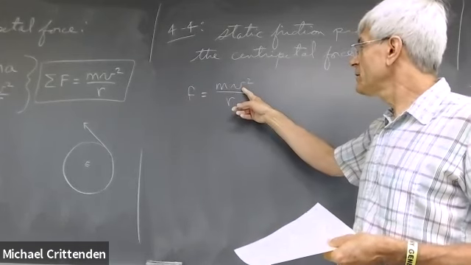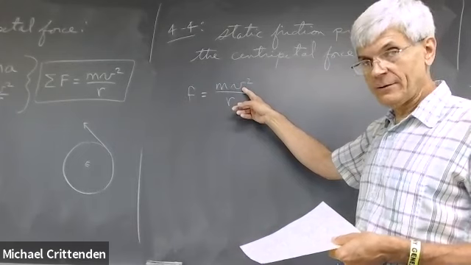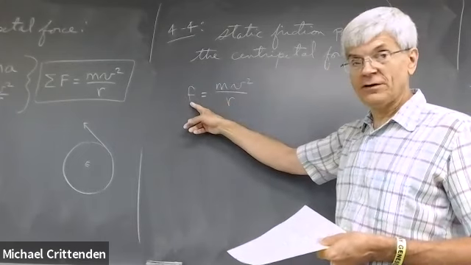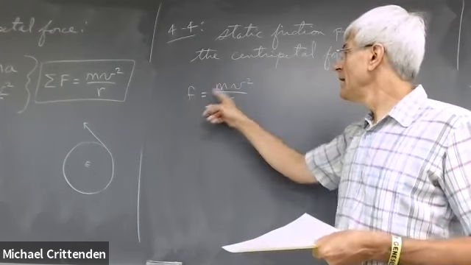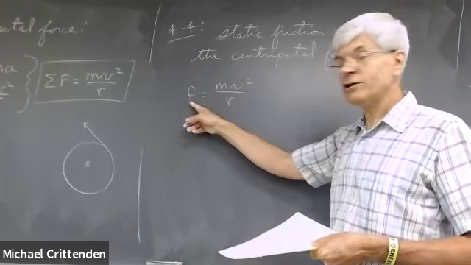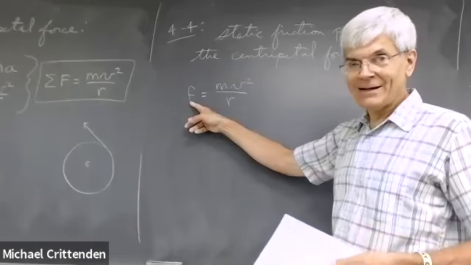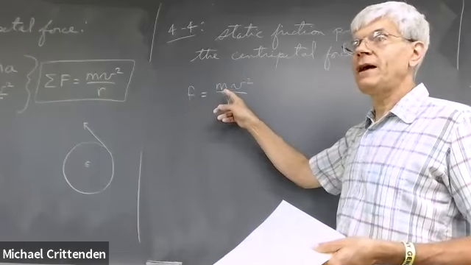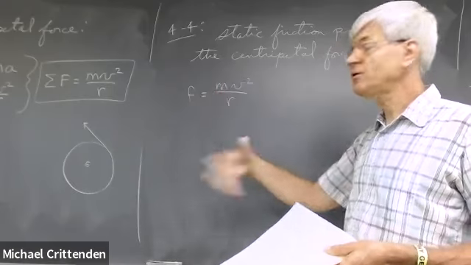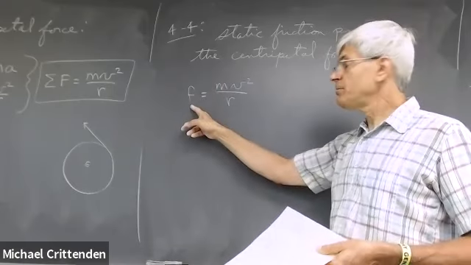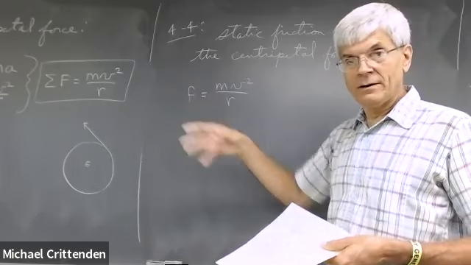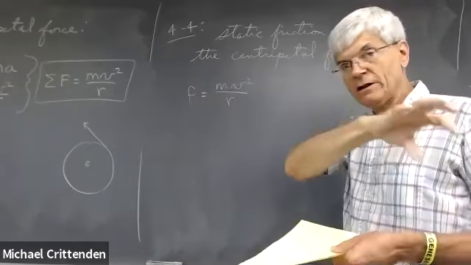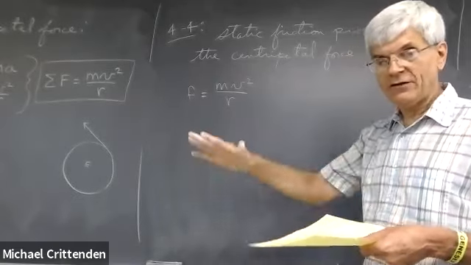If you drive around the curve at 2 miles an hour, you'll have a friction force that's 4 times as much as what you would have had at 1 mile an hour. At 3 miles an hour, you'll have a friction force that's 9 times as much, and so on and so on. The faster you go, the bigger the friction force required to keep you moving along your circular path and not slide.